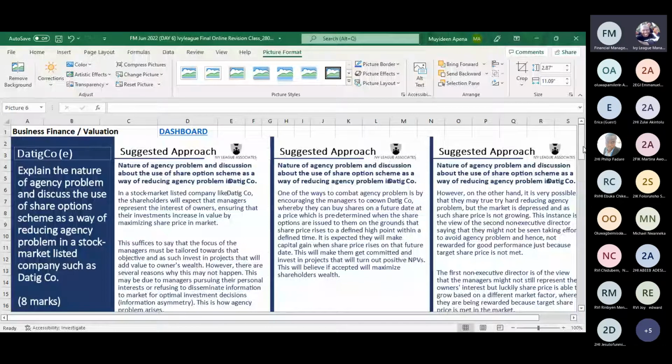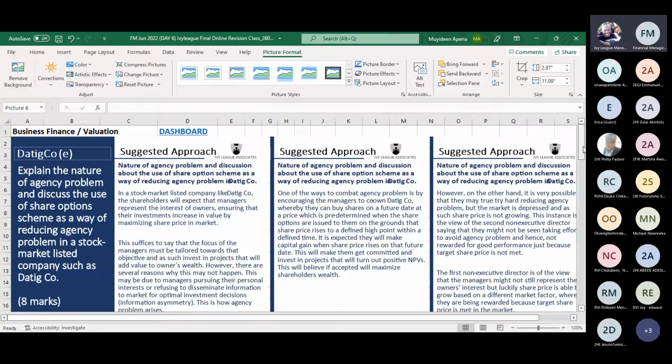Which means the managers are there to represent the interests of the owners, the shareholders. So they need to ensure that every investment they are undertaking is the type that will increase the value of the company, which will in turn maximize the share price in the market.